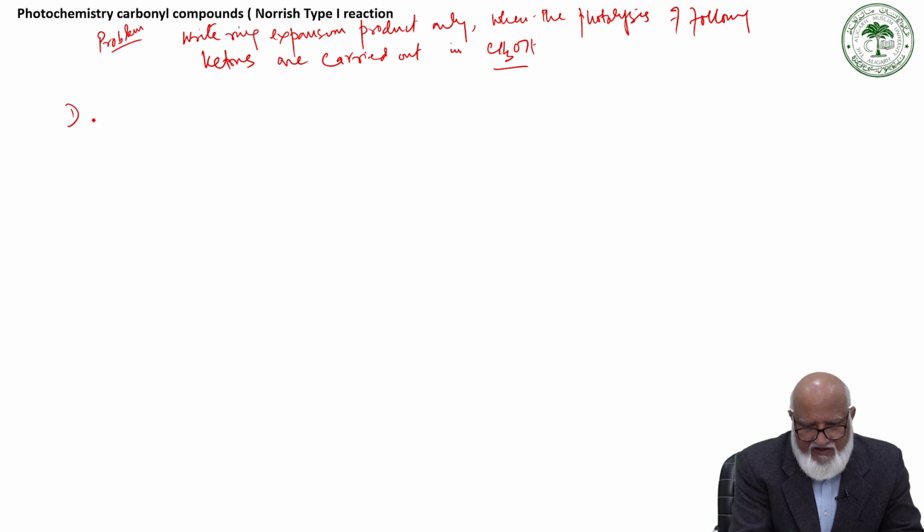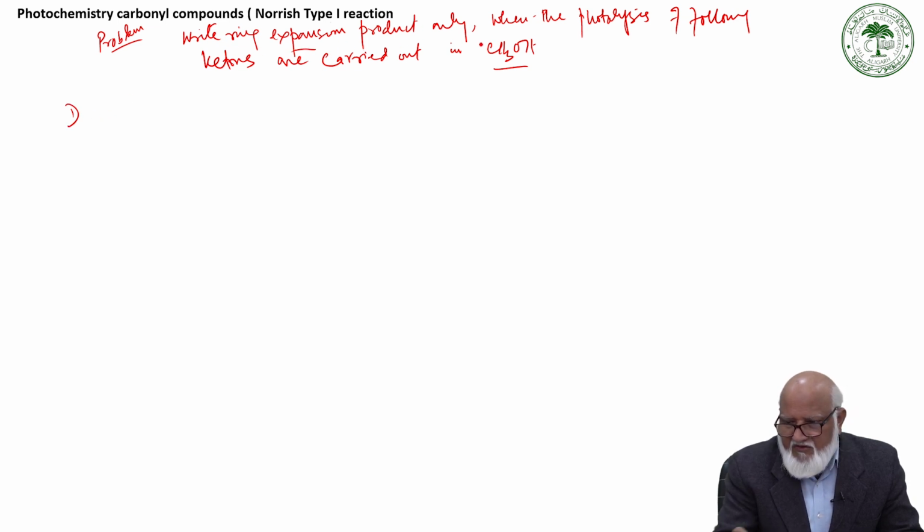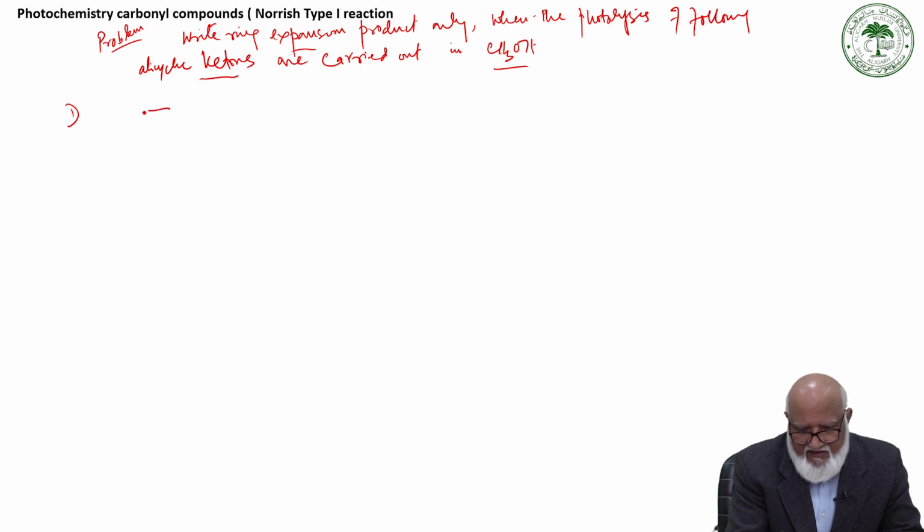There are different cyclic ketones following. Write the ring expansion product of photolysis of the following alicyclic ketones. So there is a large number of alicyclic ketones. This is one. Second one is this one.